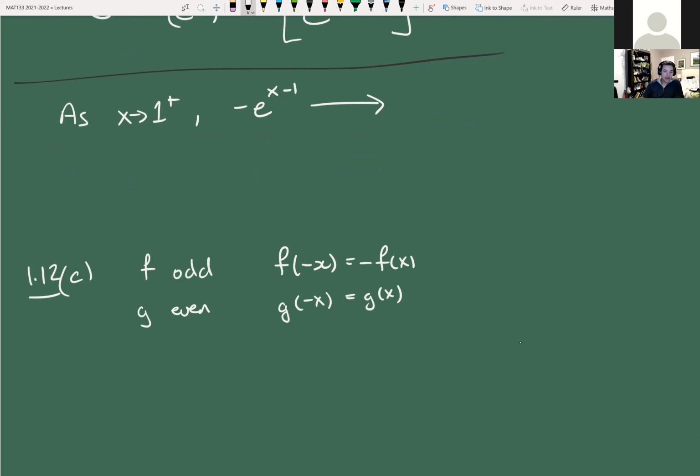Anytime you're trying to figure out evenness and oddness, you plug negative x into your function and see, does the negative sign come out? Does it disappear? Or does it do something else entirely? Because it's possible that a function is neither even nor odd. So that's what we're going to do. We now want to figure out what is, let's say, f plus g.